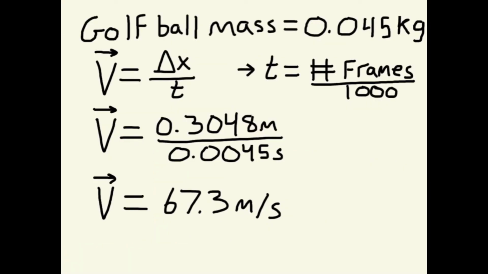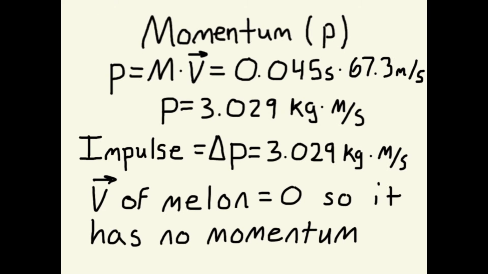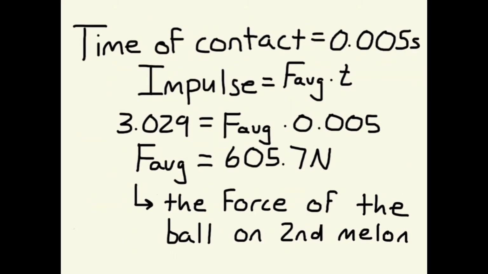Using this concept of change in momentum, we set this impulse, which came out to be 3.029 kilograms meters per second, to the impulse equation, which is force of impact times time of contact between the melon and the golf ball. Since the time of contact was 0.005 seconds, the impulse of the golf ball was divided by the time of contact in order to get the force of impact the golf ball inflicts on the melon. The force of impact of the golf ball on the melon ended up being 605.7 newtons of force.